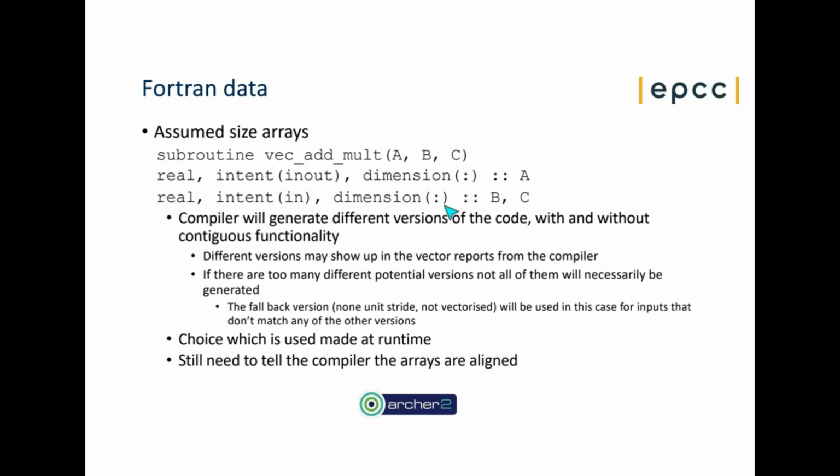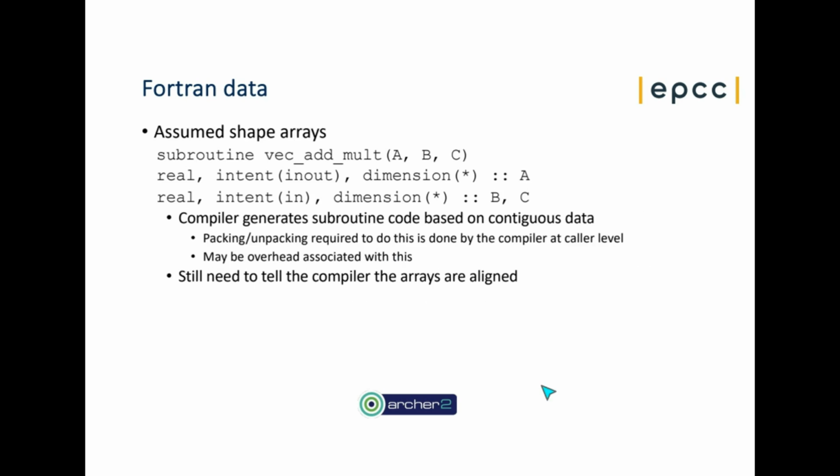If you have assumed size arrays, then the compiler doesn't know whether these things are contiguous or not. So the compiler will typically generate different versions of the code, but you still need to tell it whether they're aligned. And again, also for assumed shape arrays.